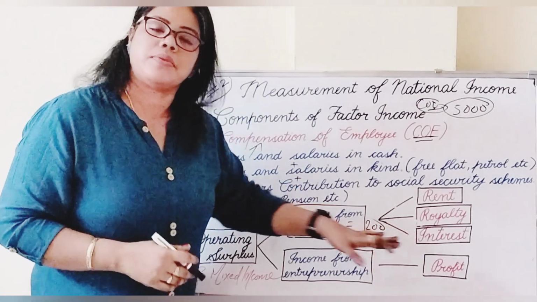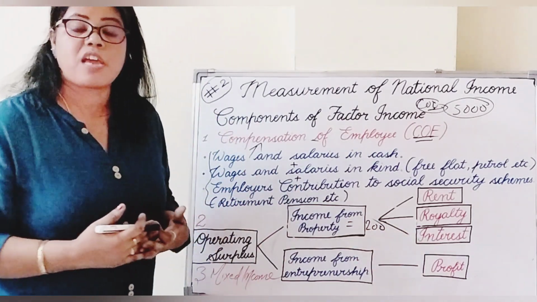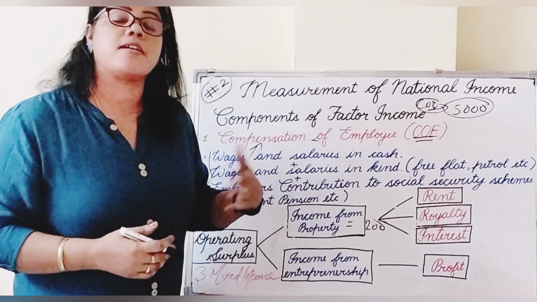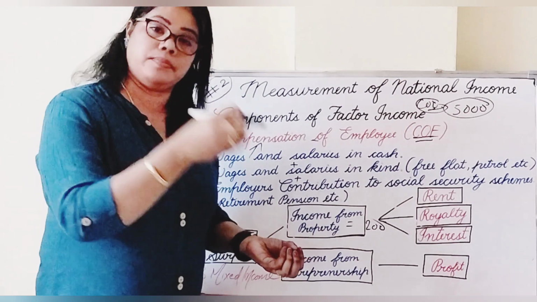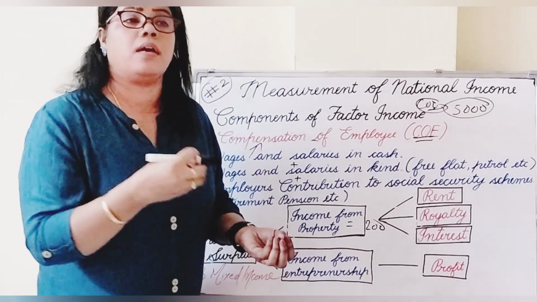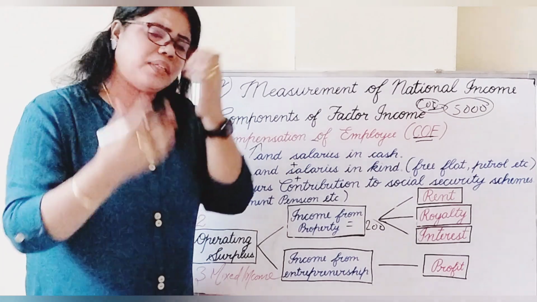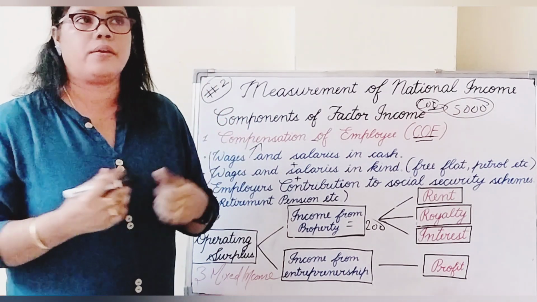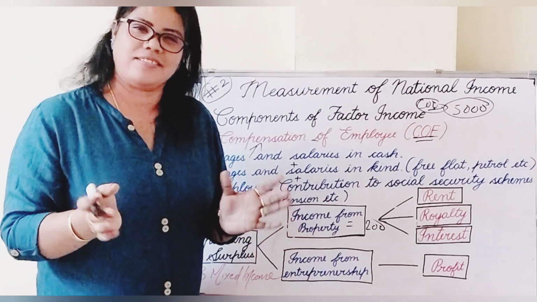And interest. What is interest? Money is borrowed by an individual for some economic activity or personal purposes. Against that borrowed amount, some money is returned. That is called interest. In Hindi we say vyaj, right?